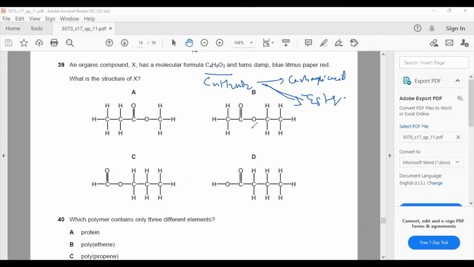So what is the structure of A? 4 carbon, and it turns blue litmus red, which means acid. This is ester, this is ester, this is ester. D is the answer because this is the acid.